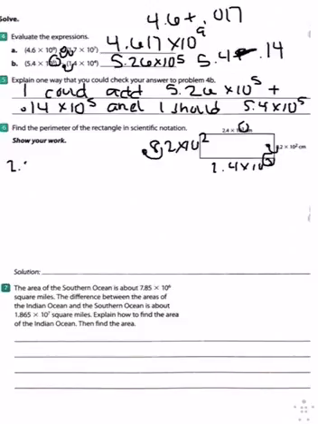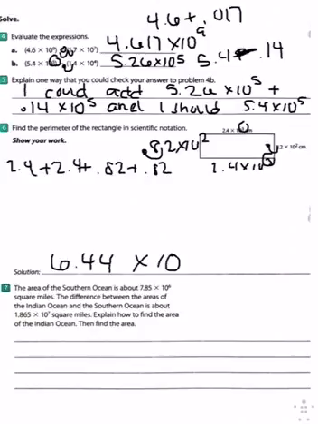So I'm going to add the 2.4's and the 0.82's. So 2.4 plus 2.4 plus 0.82 plus 0.82 gives me 6.44 times 10 to the 3rd power.